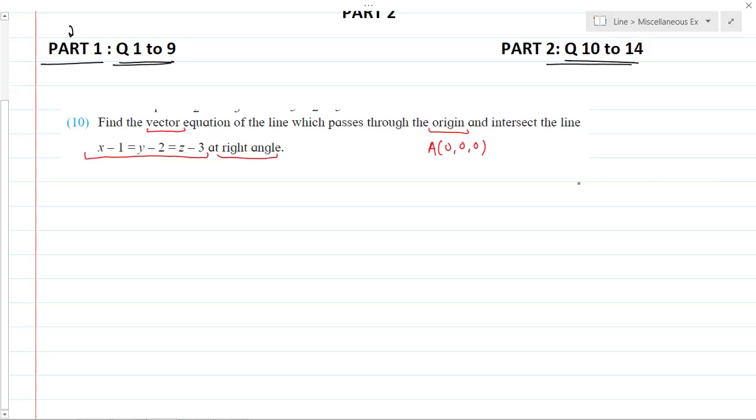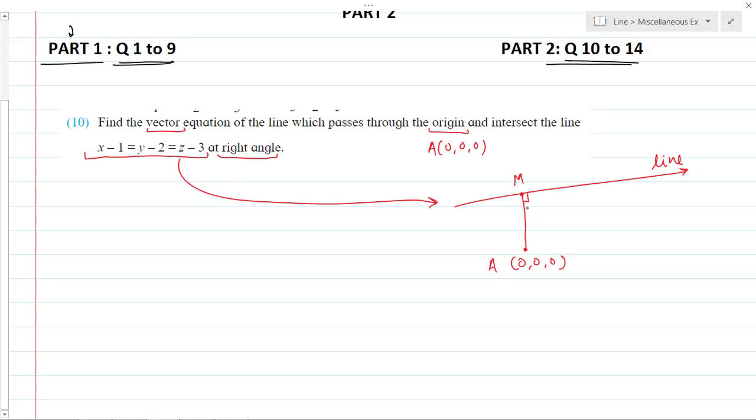Our line passes through the origin, point A (0, 0, 0), and it intersects another line. Suppose this is the other line, and we have this 90 degree angle. Let's call this point M, and this is our line.